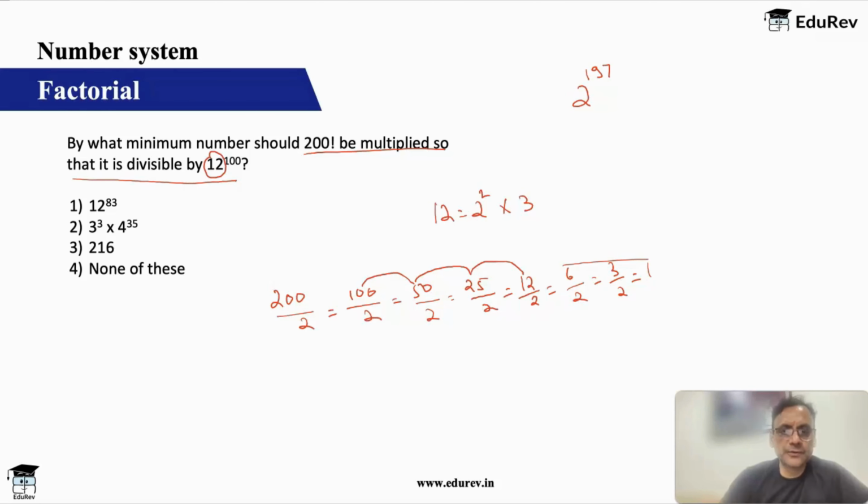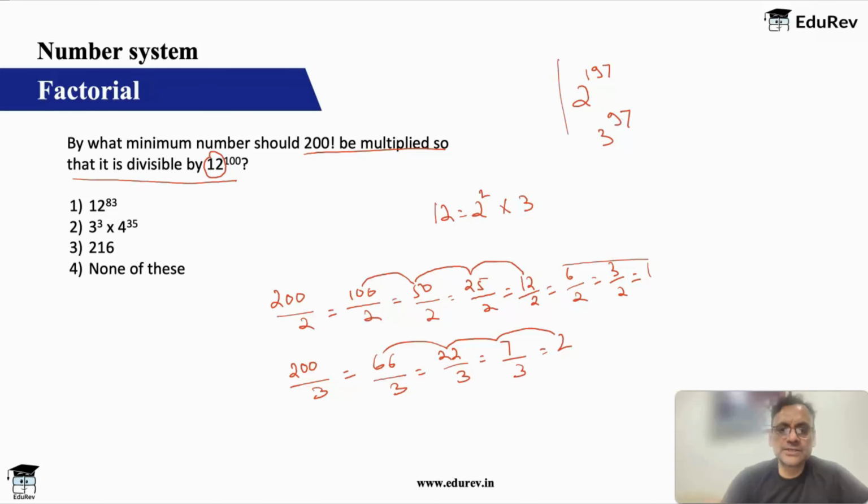Okay, and for 3, it is 66, by 3 22, by 3 7, by 3 is 2. Okay, so 66 plus 22 is 88, 88 plus 9 is 97. 3 to the power 97 is present.